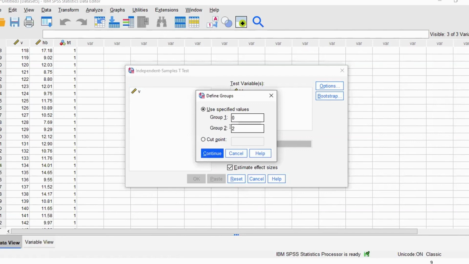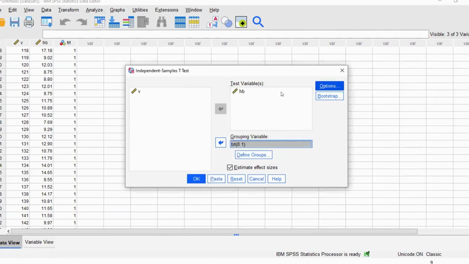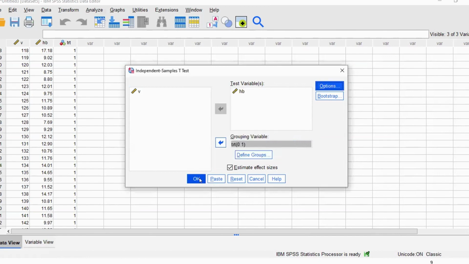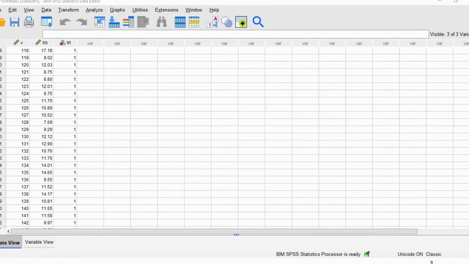I'm just being a bit faster because ANOVA might take us a bit of time as well. So this is the confidence interval, that's all fine. And then we click on OK. Let me just add the output window to my shared screen.